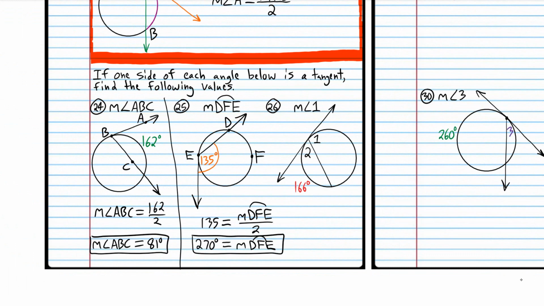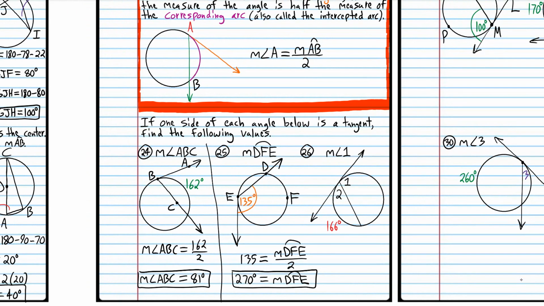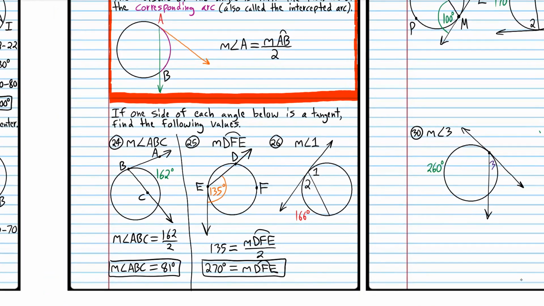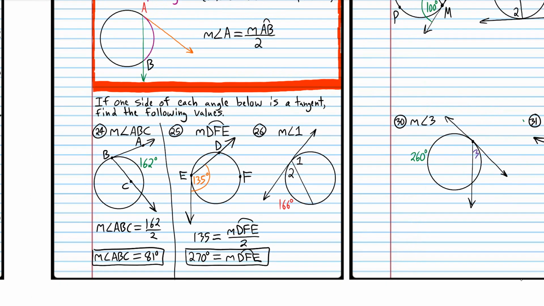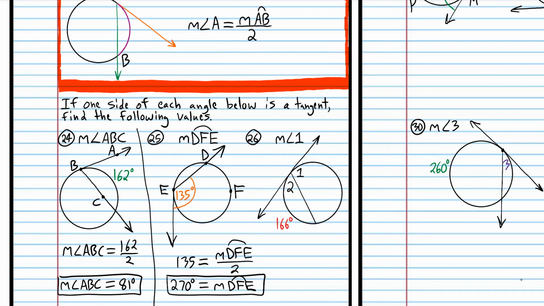All right, now notice that in the previous problems we had rays as the sides of the angle, but you can also have a chord, and you can have a secant line. It's the same situation.